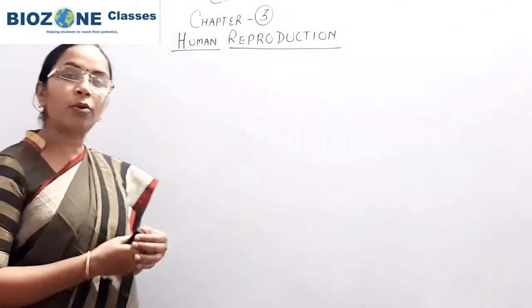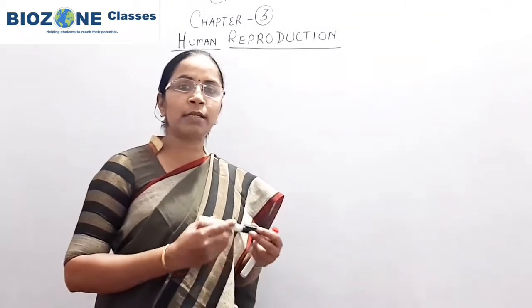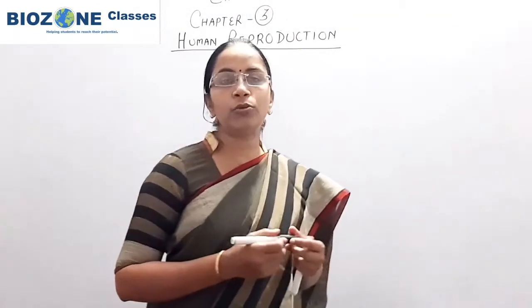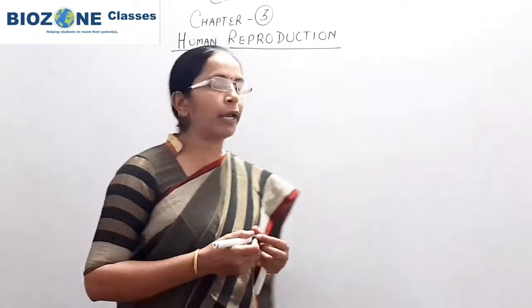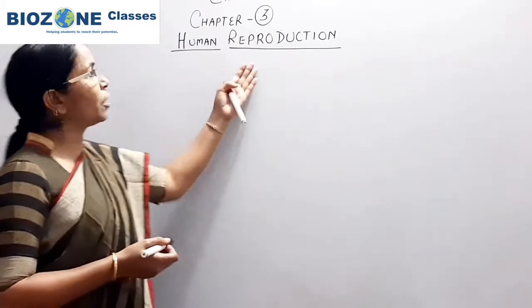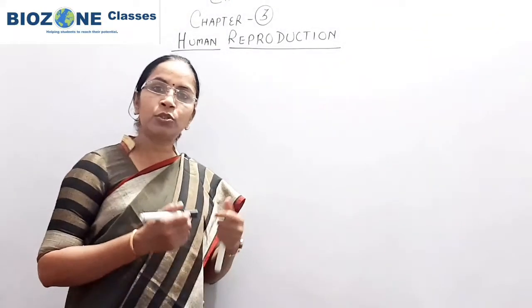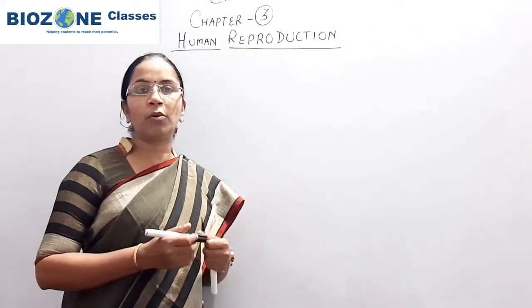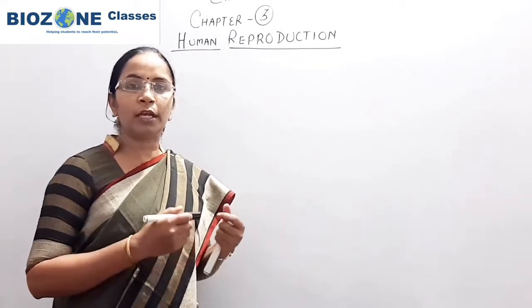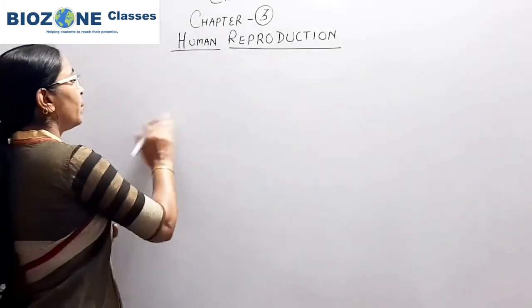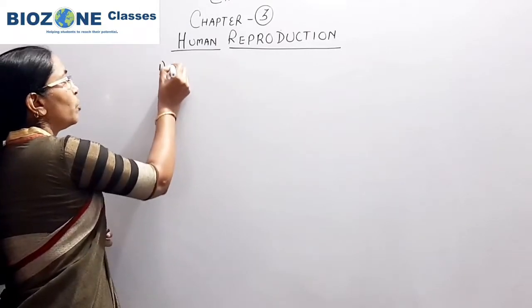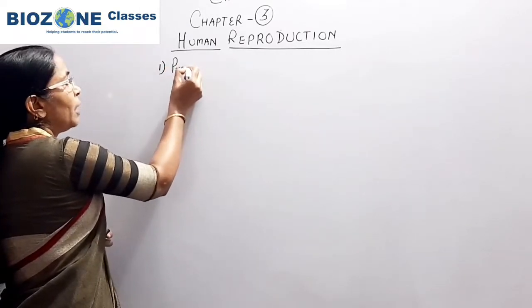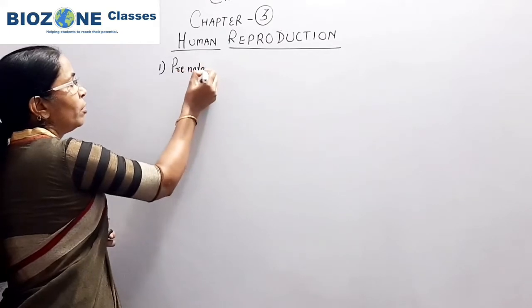As you all know, reproduction is a process by which the individual produces new progeny of their own kind, and mainly when we study human reproduction, predominantly we study sexual reproduction in human beings. Whenever we begin with human reproduction, one term we use is prenatal life.